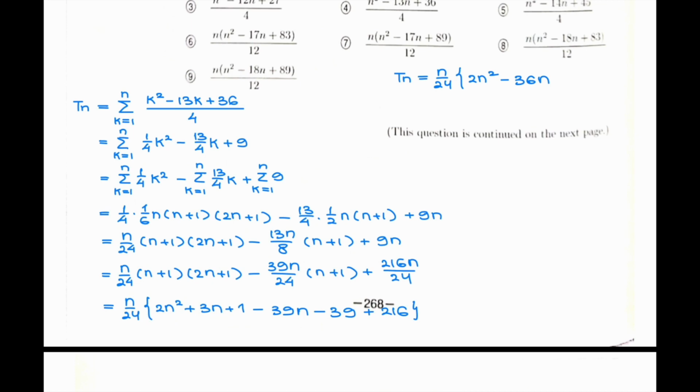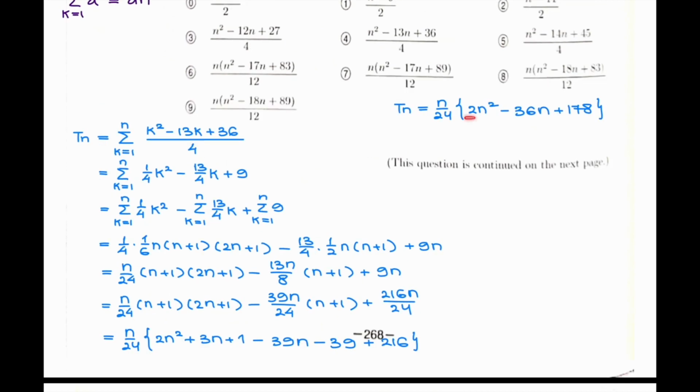Negative 38 plus 216, you will obtain 178. We can factorize 2 because all the terms here have a common factor 2. So if I factorize 2, it will become 2n over 24 times n squared minus 18n plus 178 divided by 2 is 89.